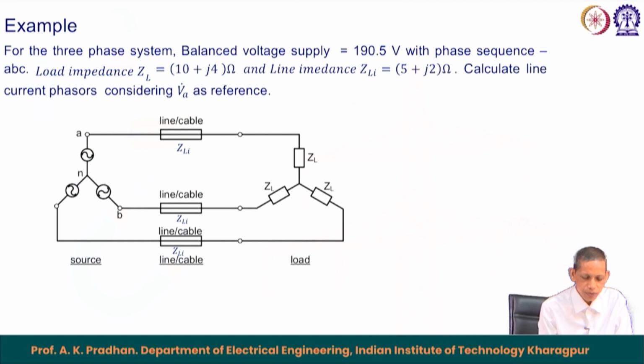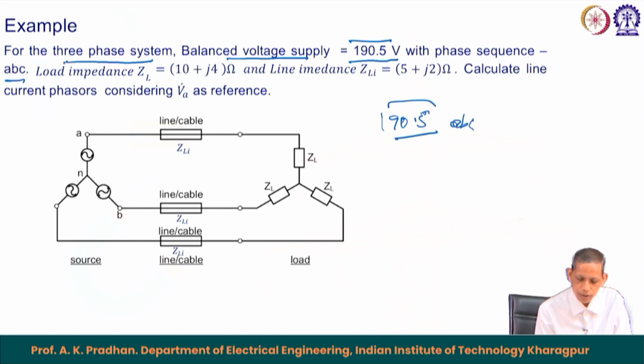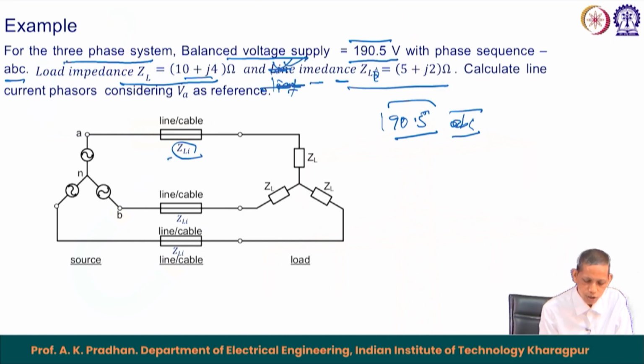We will go about another example for a 3 phase system with balanced voltage supply of 190.5 volt as the line voltage, and the phase sequence is A B C. The line impedance Z L is 5 plus J 2 ohm, and the load impedance Z load is 10 plus J 4 ohm.